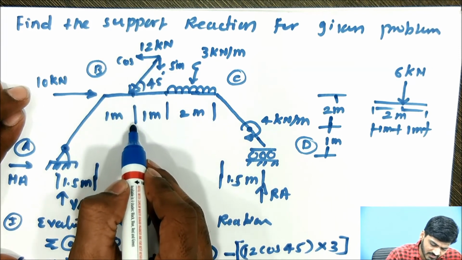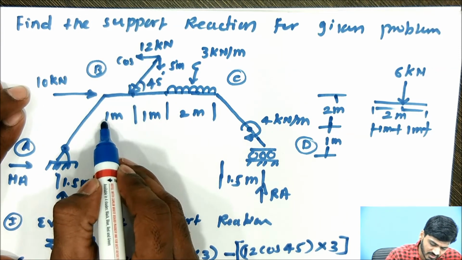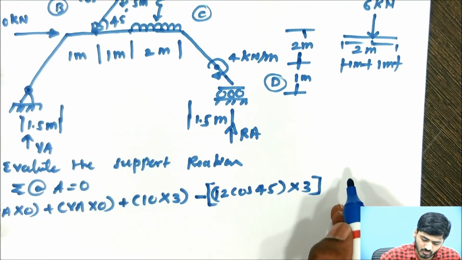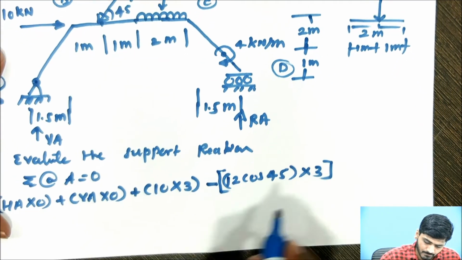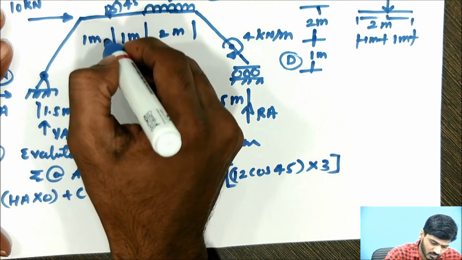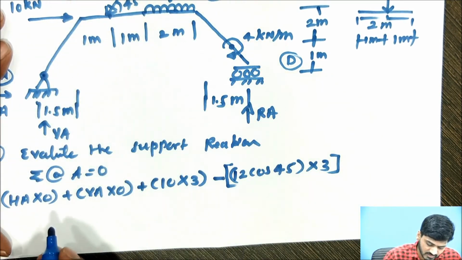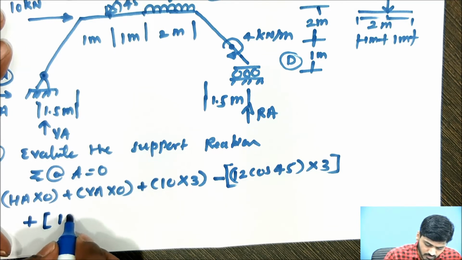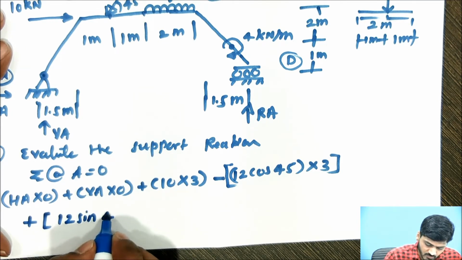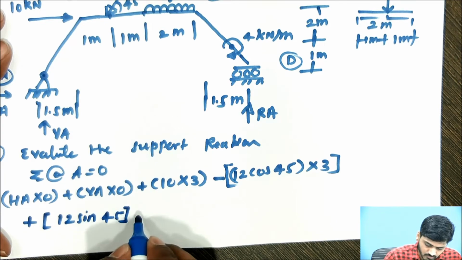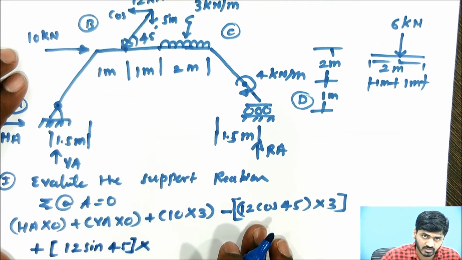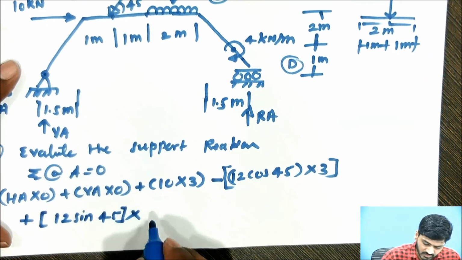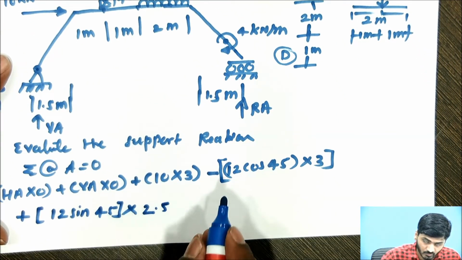This is at 1 meter distance and the remaining is 1.5. It moves in a downward direction, so it creates a clockwise effect, plus 12 sine 45 into the distance, which is 1.5 plus 1, that is 2.5.